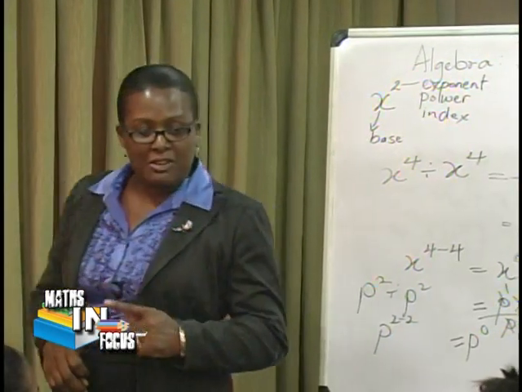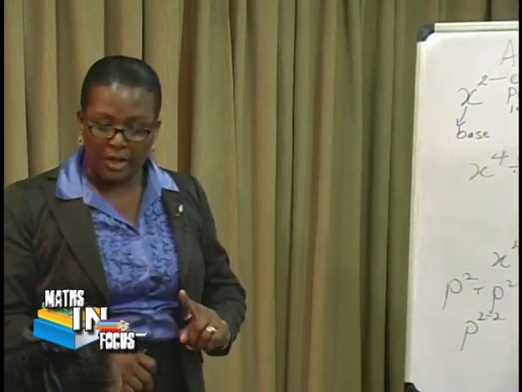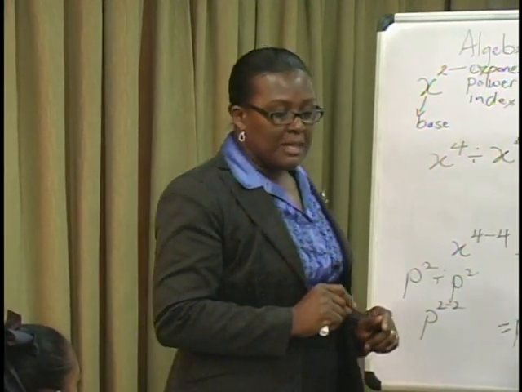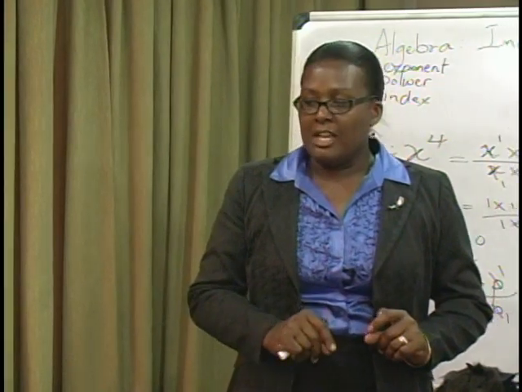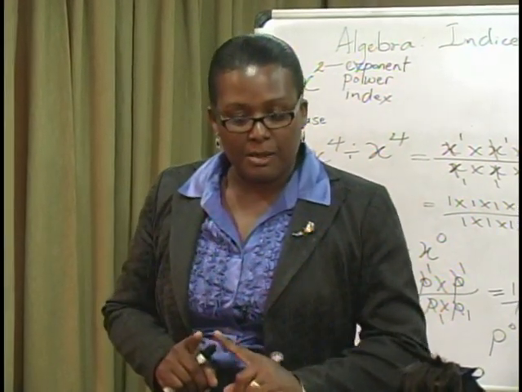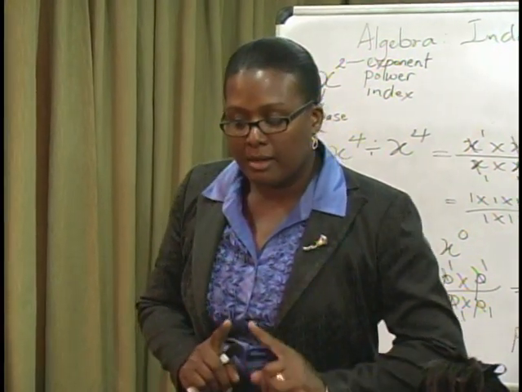Anything raised to the 0 power is equal to 1 with the exception of 0. 0 raised to the 0 power is undefined. And the last one was, if you're dividing terms such that the bases are the same, we simply subtract the powers.